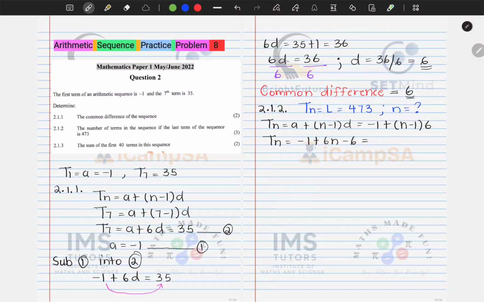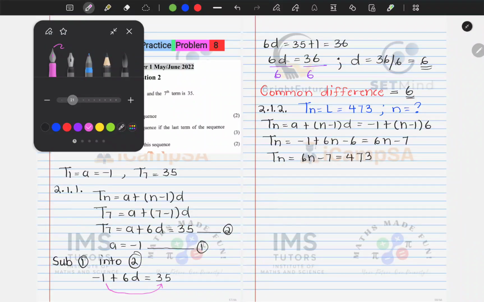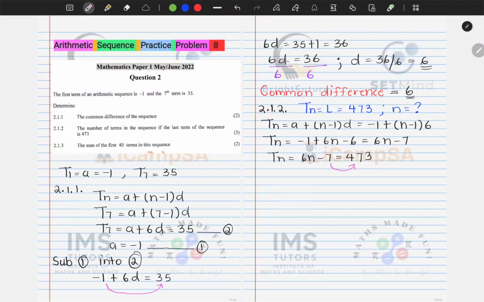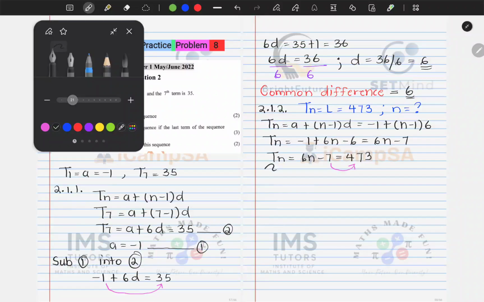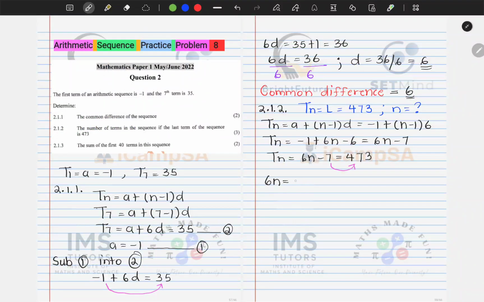In other words, our Tn is 6n minus 7. So Tn, 6n minus 7, must be 473. We take the 7 and transpose it to the other side, such that we have 6n equals 473 plus 7, which becomes 480.